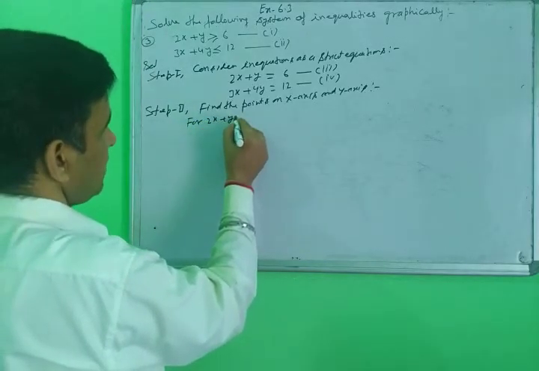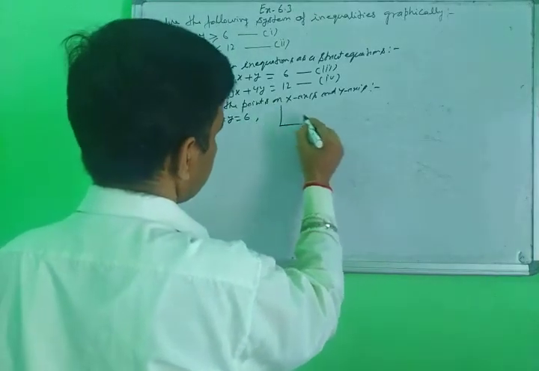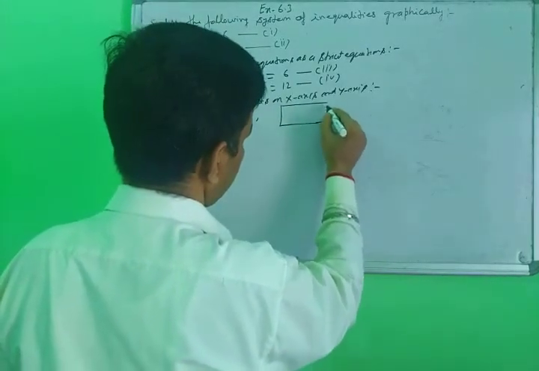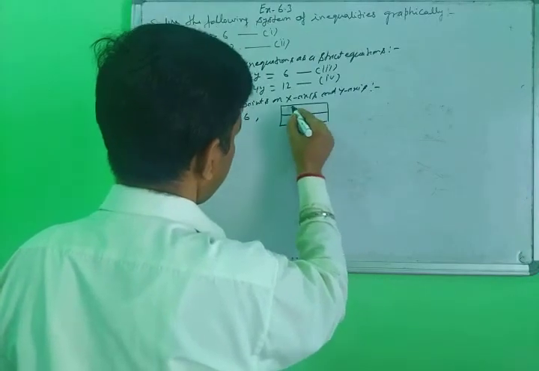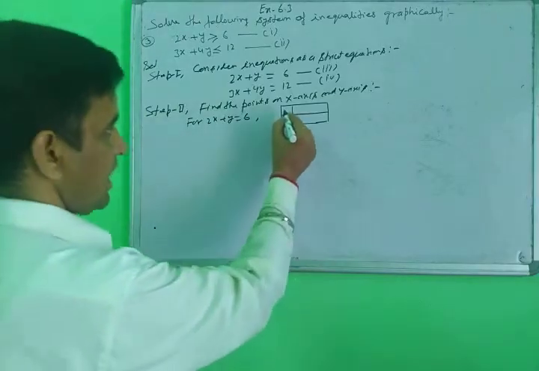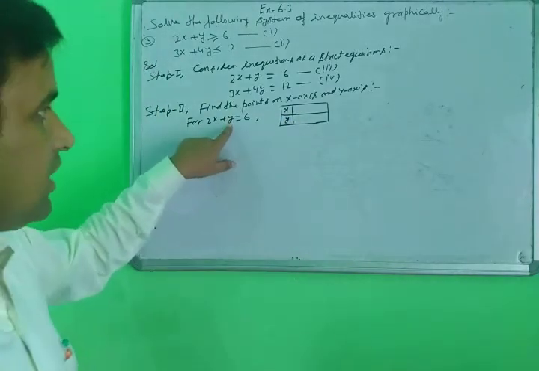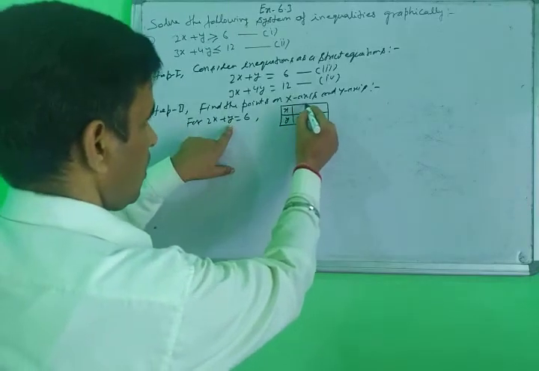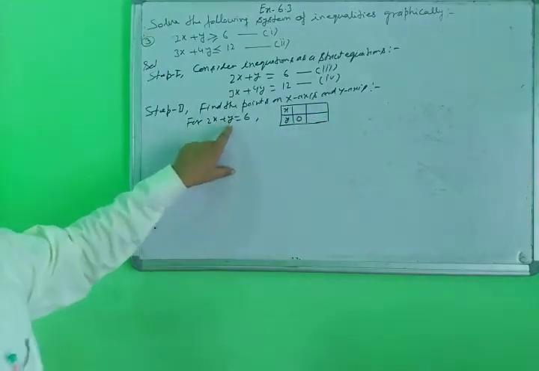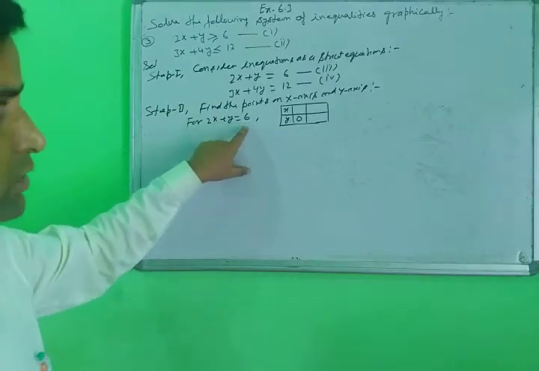2x plus y equal to 6. Look here, suppose this is the x and this is the y. Suppose you are putting the value y equal to 0. When you put y equal to 0, 2x equal to 6, which means x equal to 3.